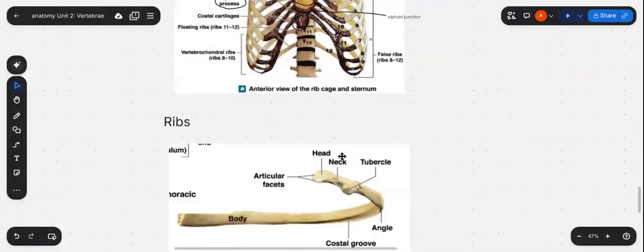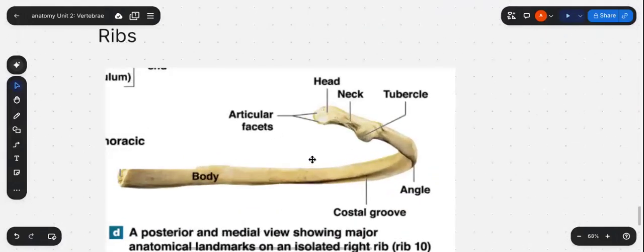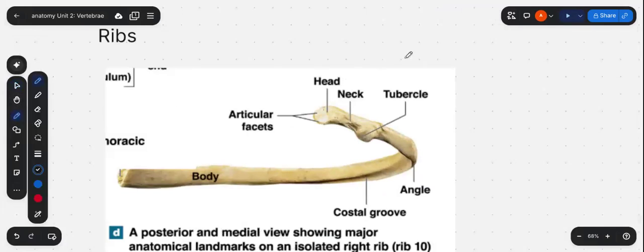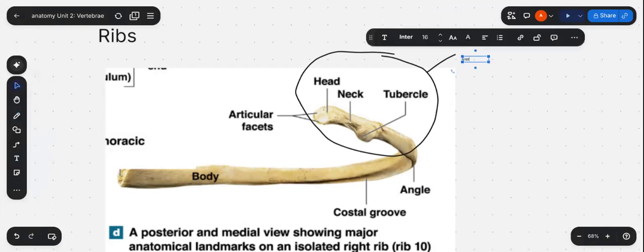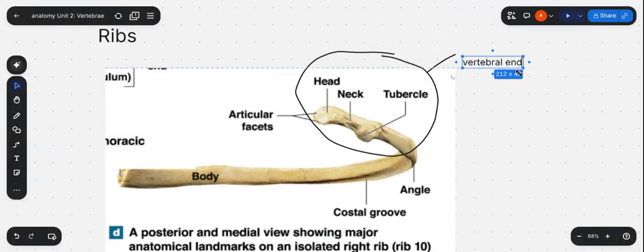All right, finally, last portion is your ribs. So for your ribs, you have your vertebral end, which is basically going to be this whole region over here. And that is your vertebral end. That is because this is the region that connects to most of the thoracic vertebrae.